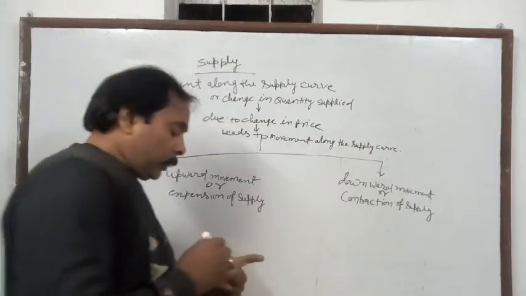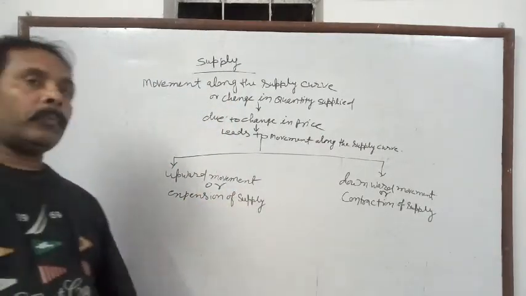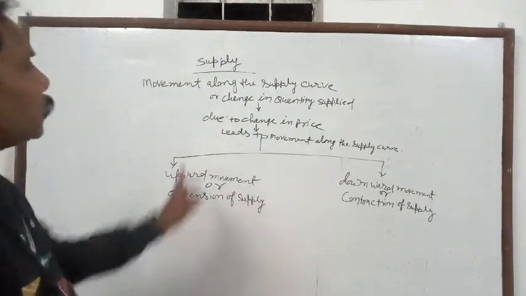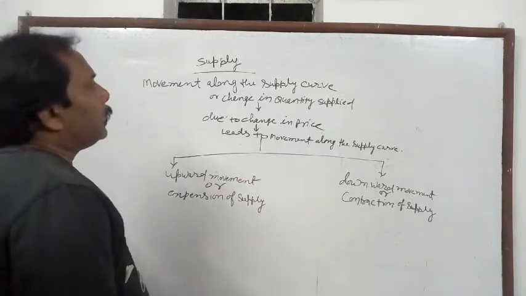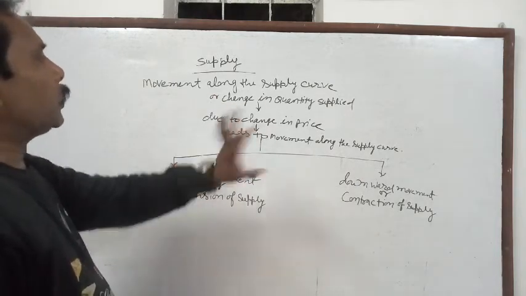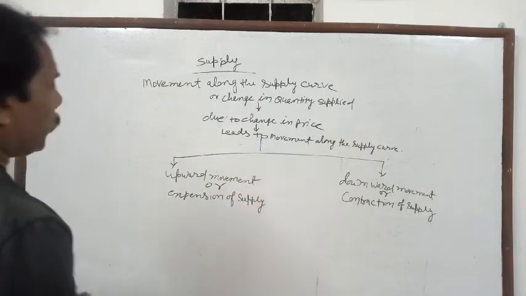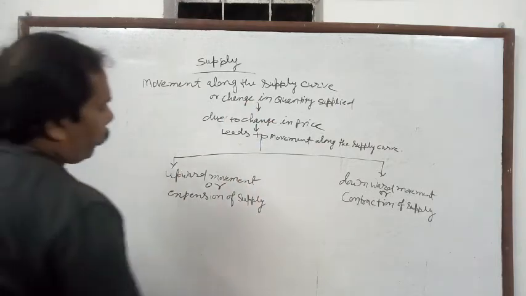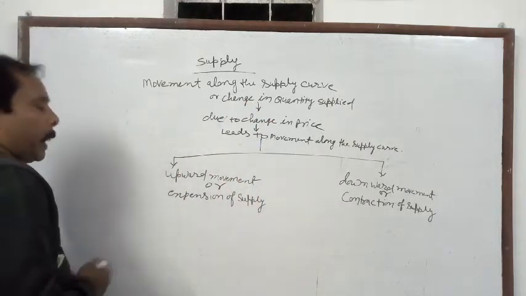Is it clear? So upward movement and downward movement happen due to change in price, and it is also known as change in quantity supplied. It can be explained with the help of a diagram.